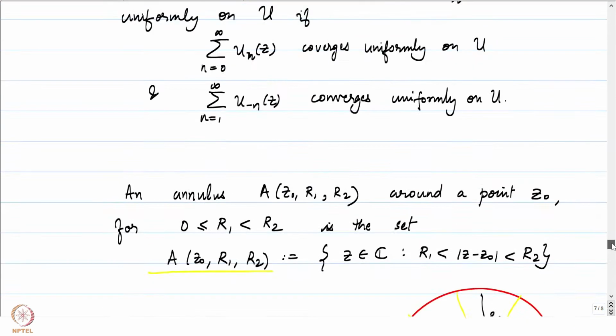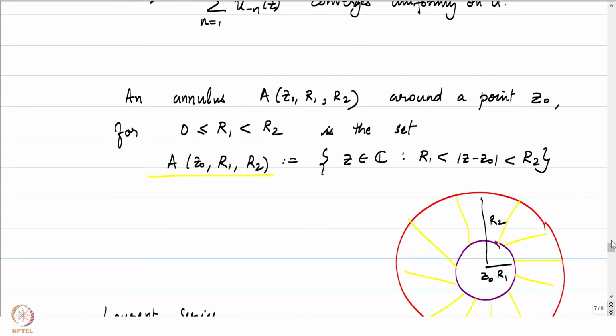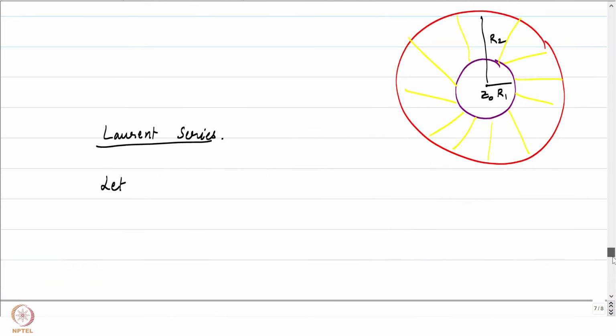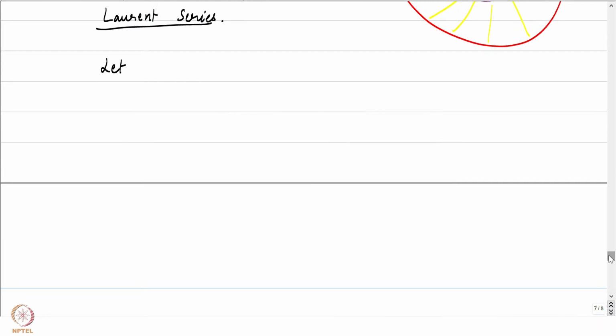Notice that R1 could be 0. What will happen if R1 is equal to 0? That is just going to be the punctured disk of radius R2 with Z0 removed, which is going to be of special interest to us because that is precisely where our isolated singularities are. That is the domain we are interested in when we are studying isolated singularities. But anyway, let us first develop the Laurent series development in the more general setting of a general annulus.